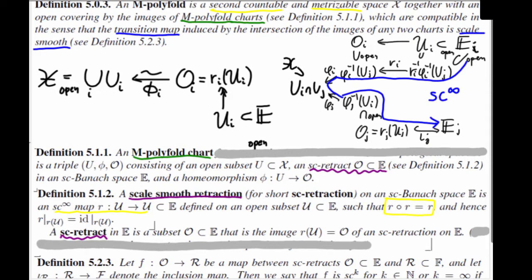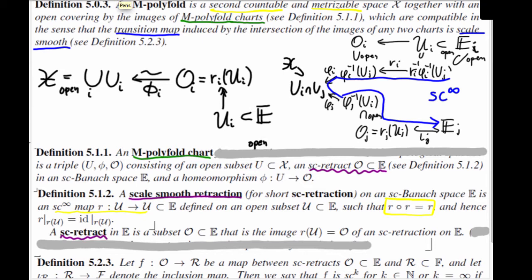So let's see. Because Oi is a subset of Ei, and it is the image of Ri. But your R is from Ei. Oh, yeah, sorry, my R is, okay, yes, I should map from this open subset here.